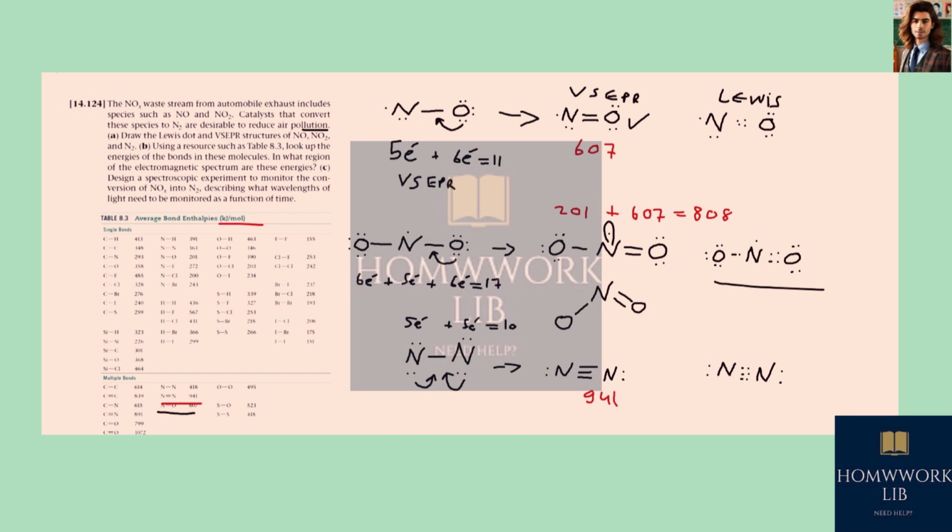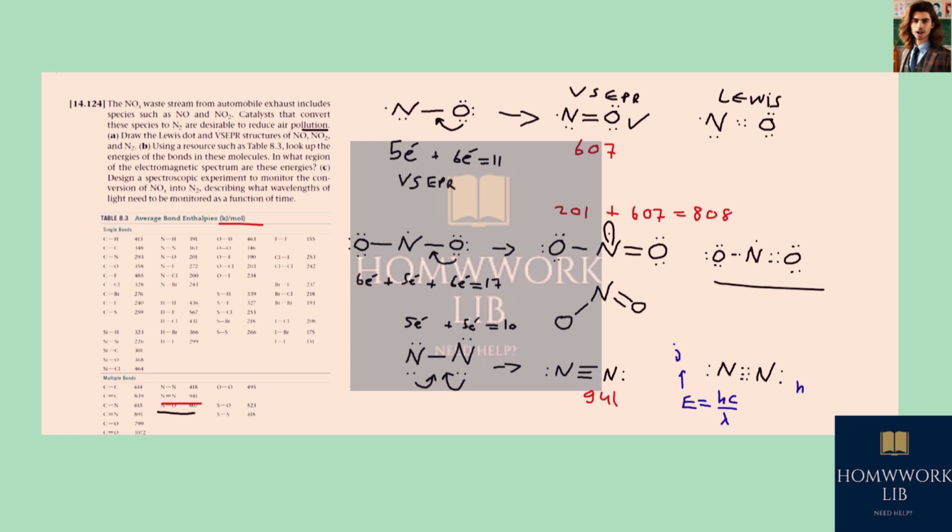In what region of the electromagnetic spectrum are these energies? So how we do that is going to be our formula E equals hc over lambda. And what is E? E is going to be in joules.